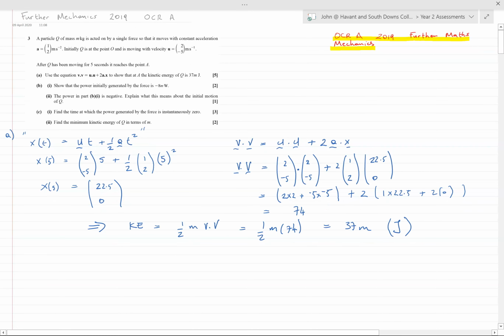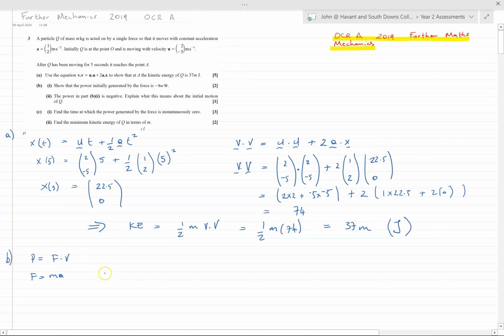So part B is all about the power generated by the force initially. Right, so in order to use P = F dot V, because we know that P is equal to F dot V, but we also know that F equals ma.